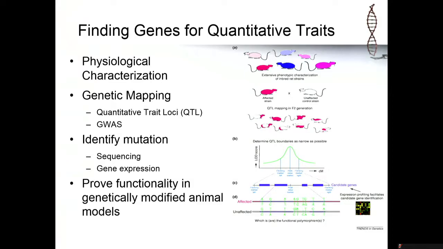So we've tried to take a general approach for identifying the genes for these quantitative or complex traits. We start out with physiologically characterizing a bunch of different inbred strains, then selecting a susceptible and a resistant strain to do genetic mapping studies, to map the quantitative trait loci or through genome-wide associations.